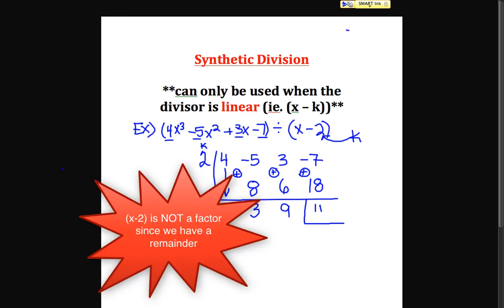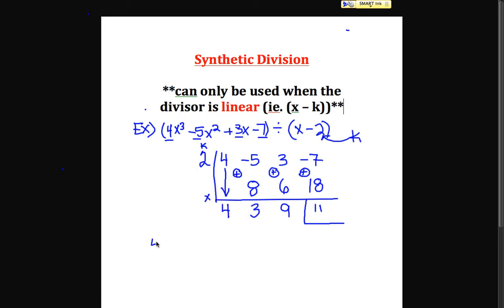We'll talk about that in just a second. So let's summarize what we've got here. We know that 4x cubed minus 5x squared plus 3x minus 7, that whole thing divided by x minus 2, is going to give us an answer of 4x squared.